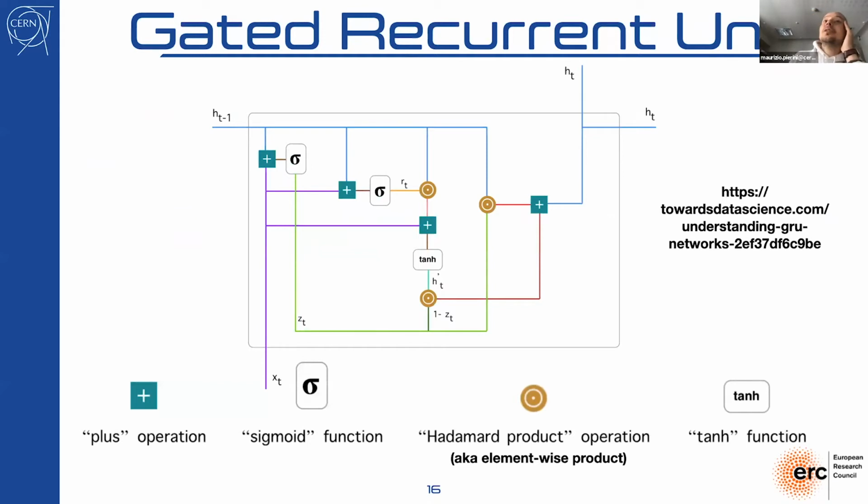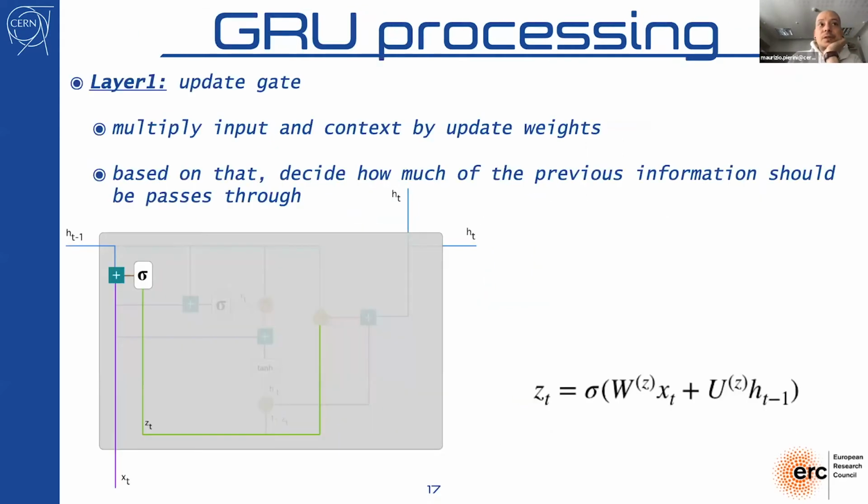The GRU is something similar, and you see that, for instance, the first step is very similar. You take the x_t and the h_t, and based on a sigmoid, you compute the fraction, because it's a number between 0 and 1, that you want to carry on.